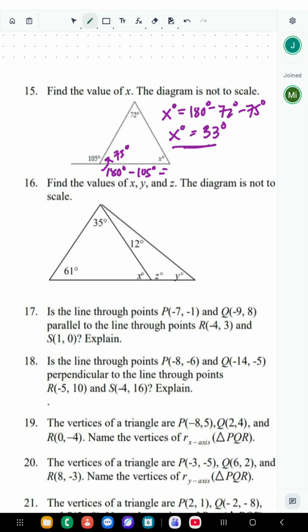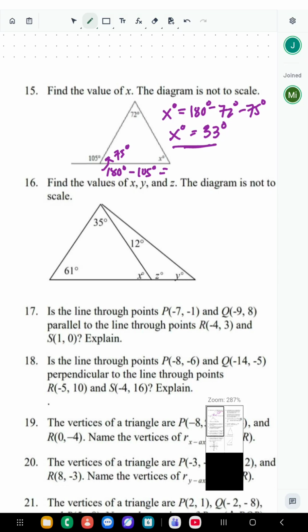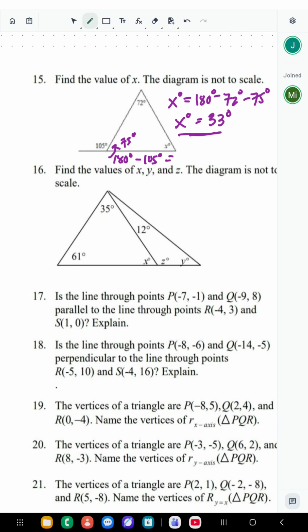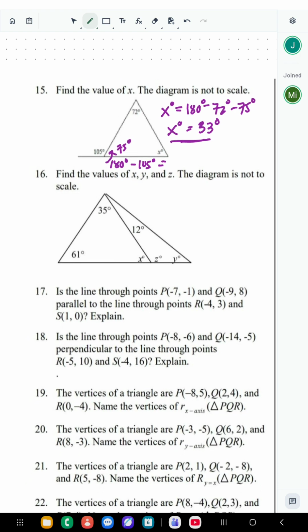Alright. Number 16. Find the values of x, y, and z. The diagram is not to scale. So we're given the angles here. We solve this first. We solve x.